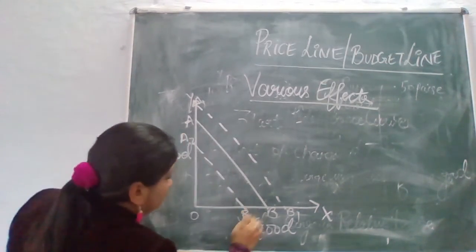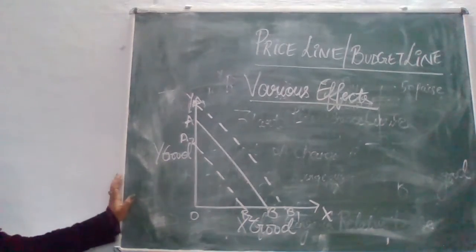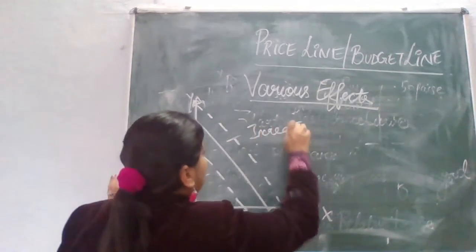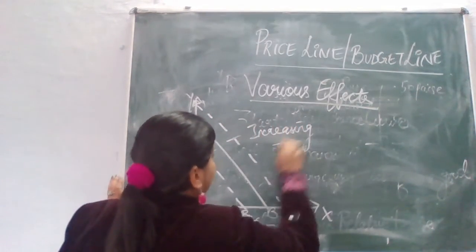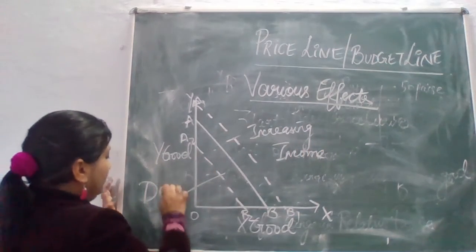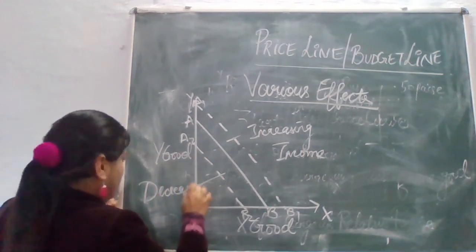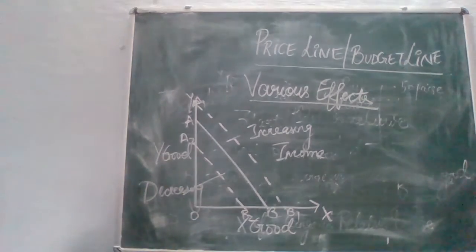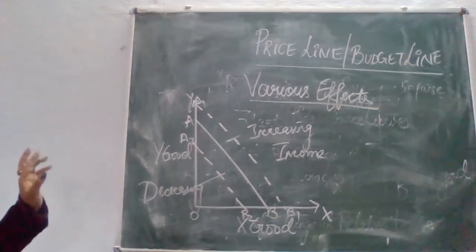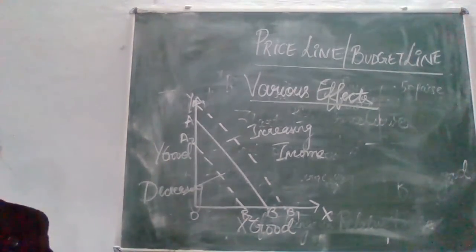So this is the concept that here your income is increasing and here your income is decreasing. Increase in income and decrease in income. So this was the first one, first effect of change in income.